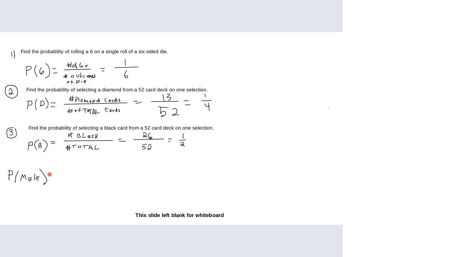It's really hard to do fractions like this with text, so I have to write it. Number of males, and then the number total.